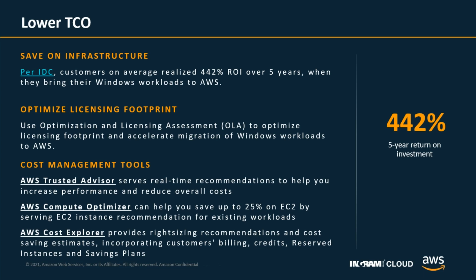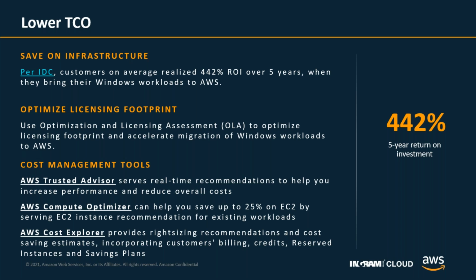Cost of ownership. Cost of ownership is a key driver for anyone looking to spend money on IT more generally. And again, IDC have found that on average, customers can realize a 442% return on investment over 5 years when they bring their Windows workloads to AWS. There are some additional tools once you're in AWS to help you move forward and run those workloads.